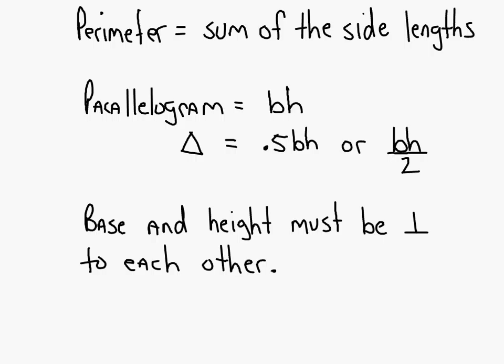All right, in your assignment today, the most difficult part, in most of these cases, is going to be determining the height. So in this shape right here, remember that in a parallelogram, opposite sides are parallel to each other.